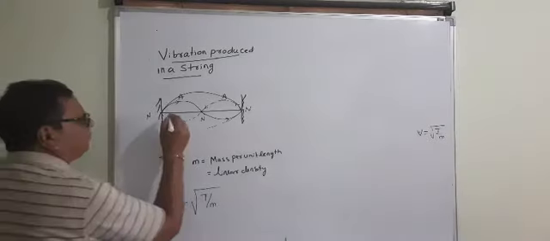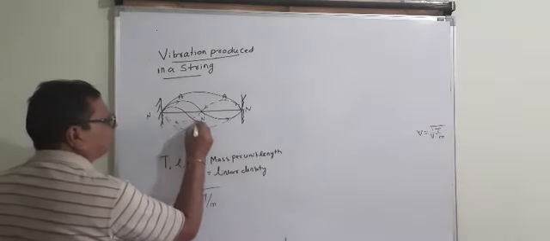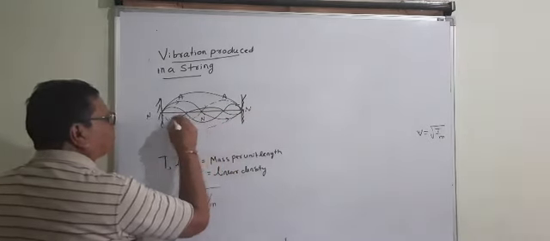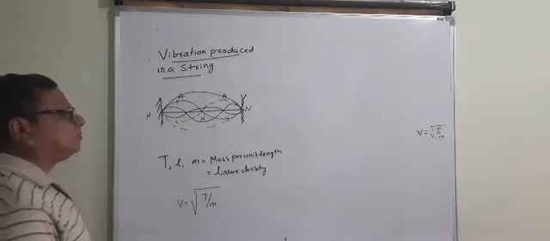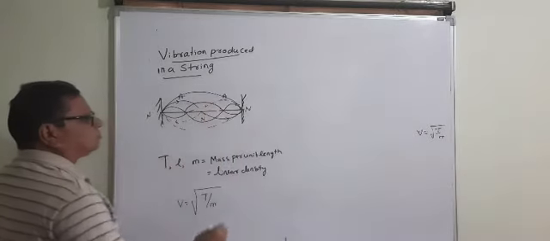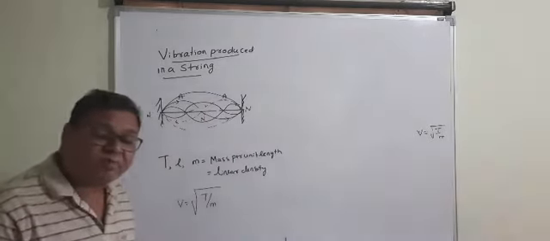If three loops are formed like this, say, roughly I have drawn, the frequency of vibration will be different.